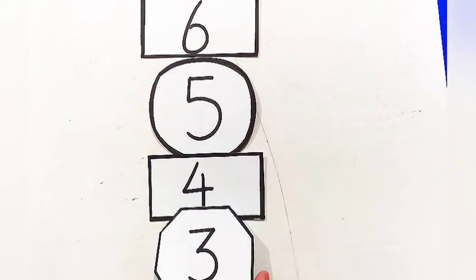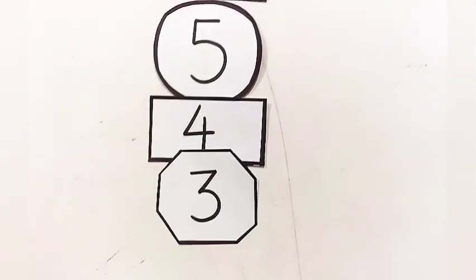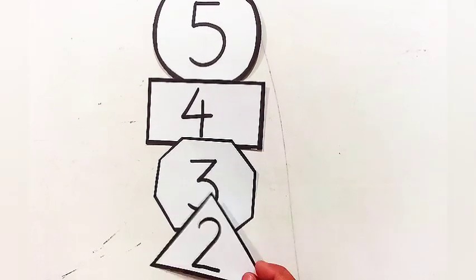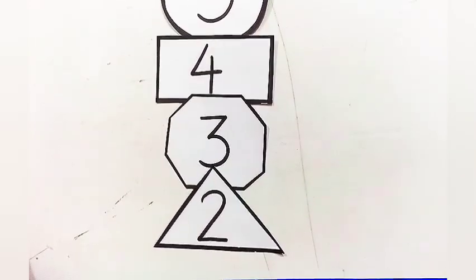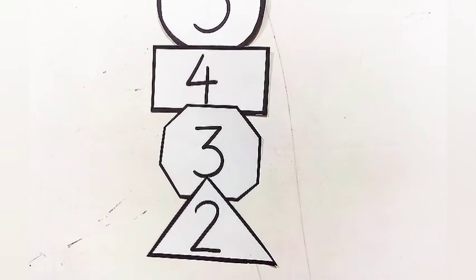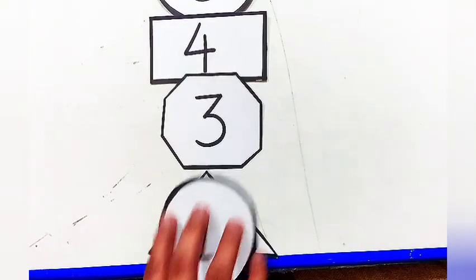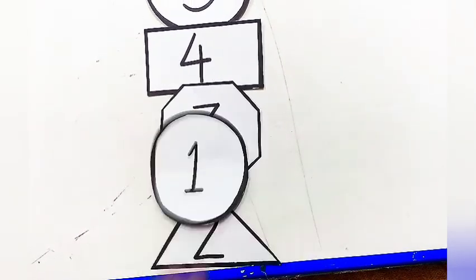After 4, we have 3. After 3, we have 2. And after 2, we have 1. 1 is the lowest number.